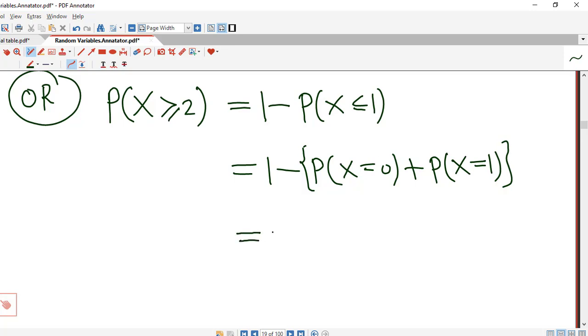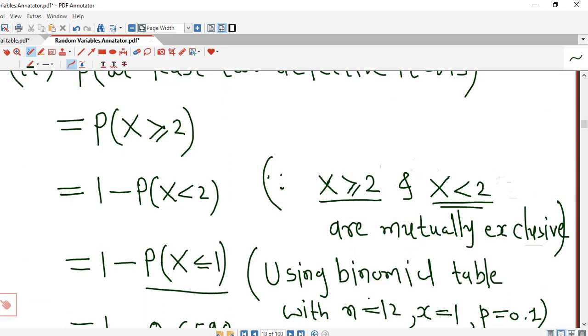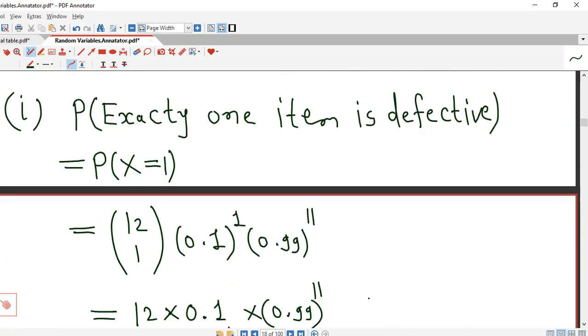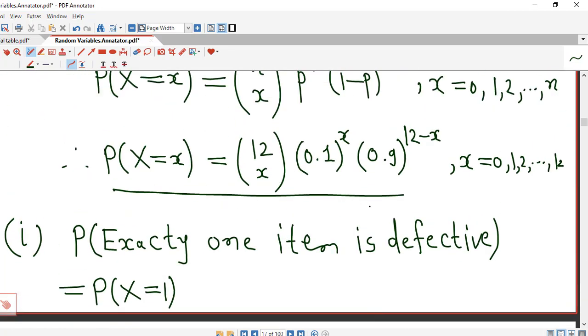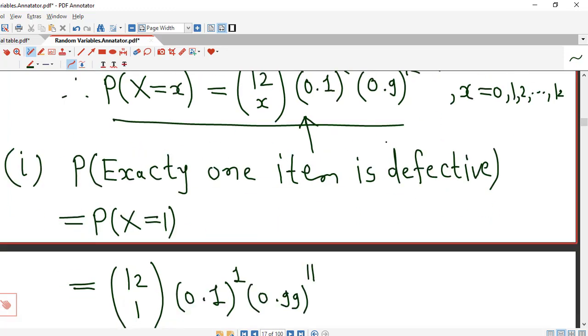Then you have to calculate these two probabilities. For x equal to 0, you have to find the value of the probability mass function at x equal to 0. So we have 12C0, 0.1 raised to 0, 0.9 raised to 12.